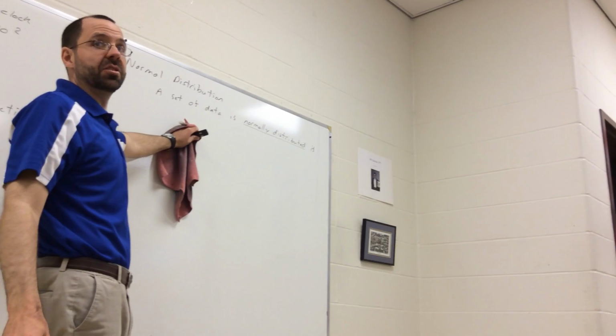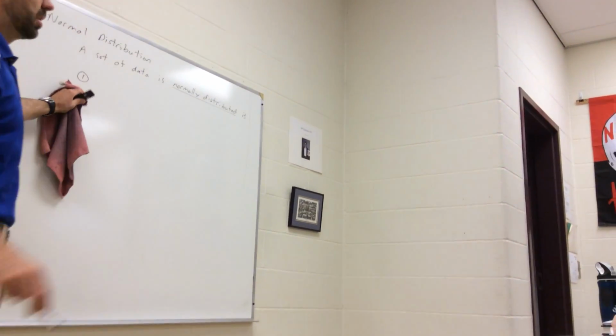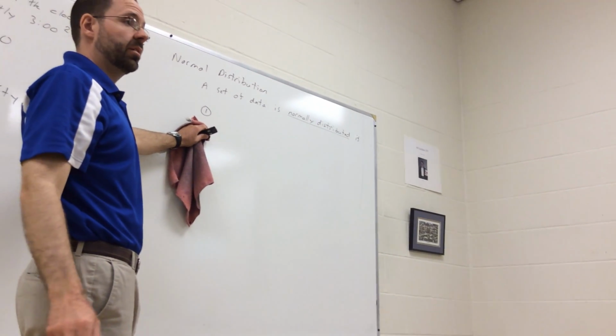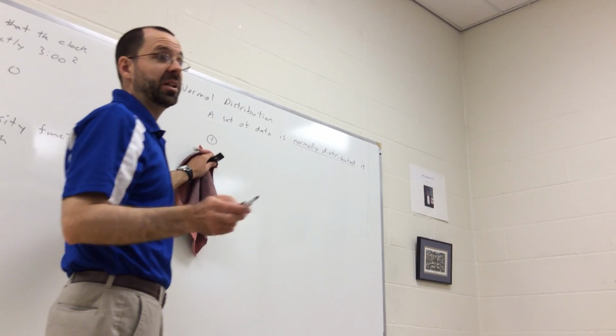So a set of data is normally distributed if, and it needs to hit 2 requirements. Number 1, the chances of being above average need to be equal to the chances of being below average.